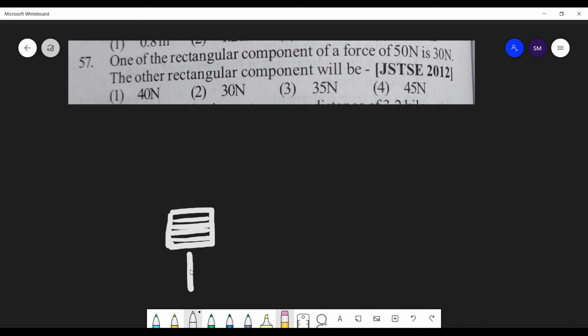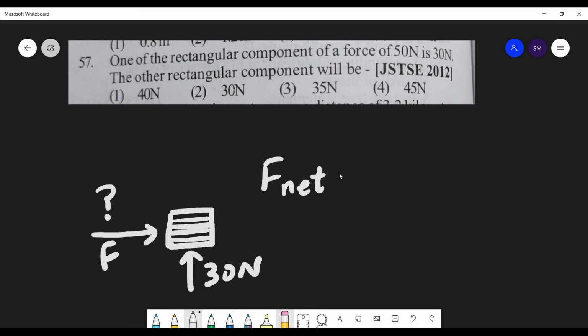One boy is applying a force of 30 Newton, and another boy is applying a force from this direction, so that the net force acting on this box will be 50 Newton.